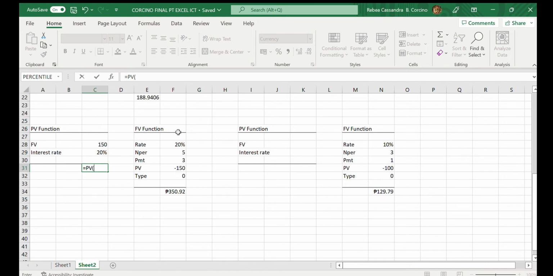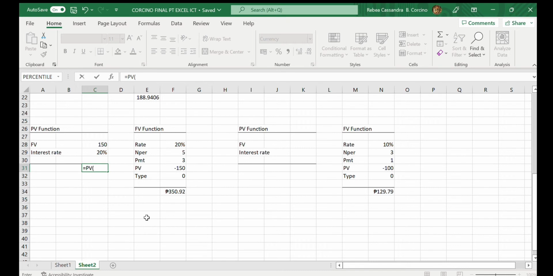Since we still have the same values numerically, but what's being changed is the label for the value 150. For the FV function, we have 150 as the present value. While today in the present value function, we have our 150 as the future value.